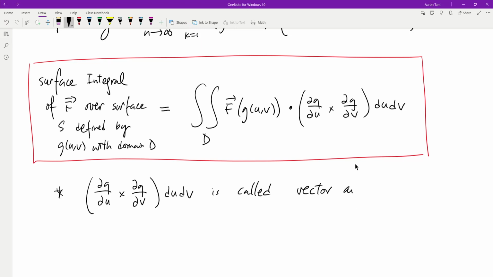What does that mean? Basically, a small piece of a surface that's in R3, not on a flat R2 plane. And this vector surface differential is called dS, which we usually just write with a regular d.